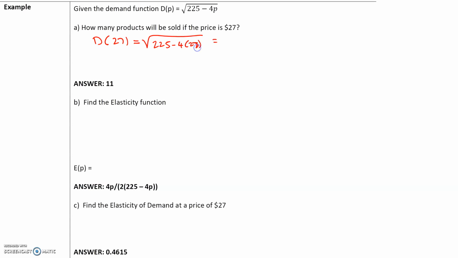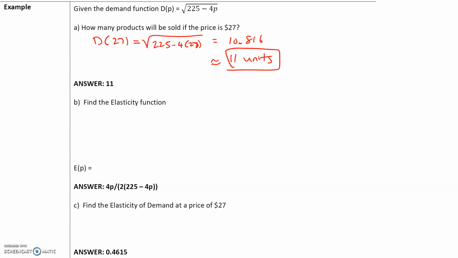If we simplify that, this will give us 10.816. But we can't sell 10.816 items, so this is approximately 11 units. That's how many items will be sold when the price is $27.